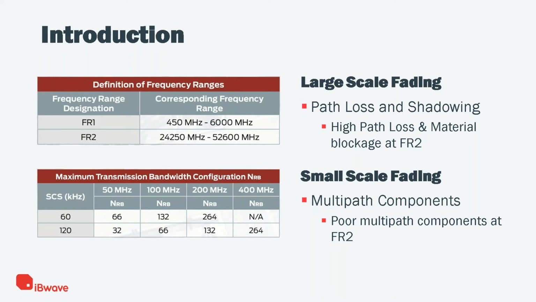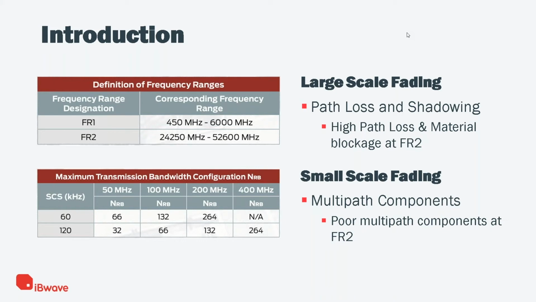In general, radio propagation is normally characterized by two different phenomena: the large scale fading and the small scale fading. The large scale fading includes the median path loss, as well as the shadowing effect of the channel. And the small scale fading represents the multipath components of the channel.